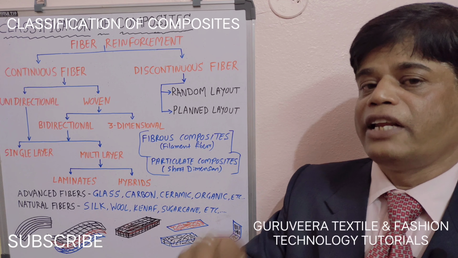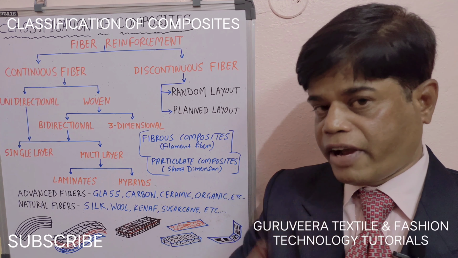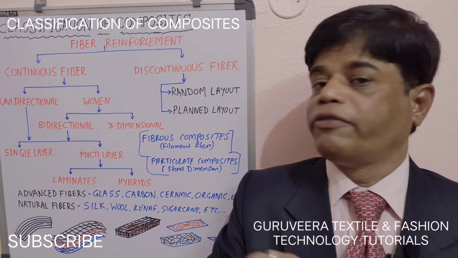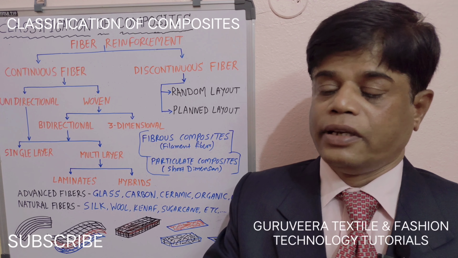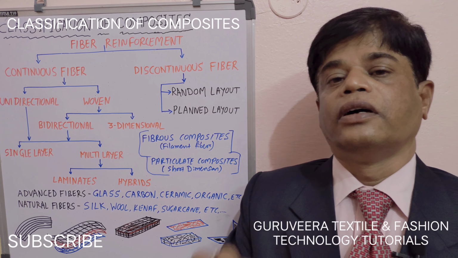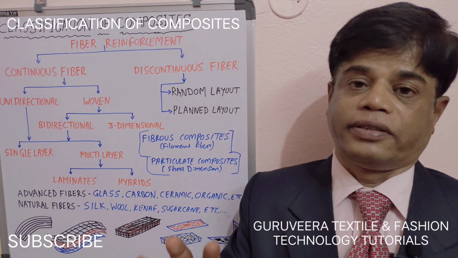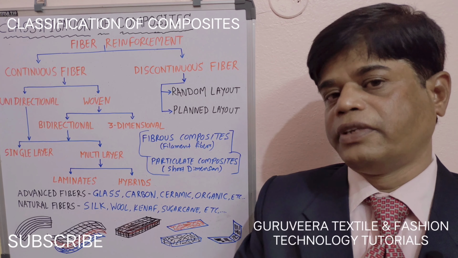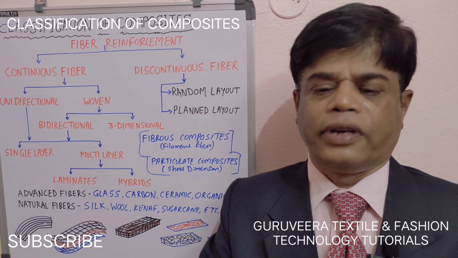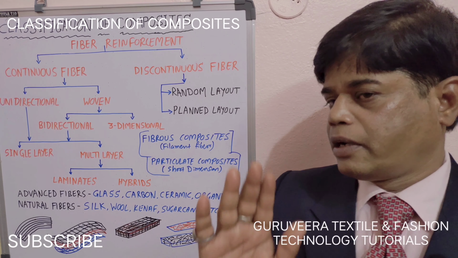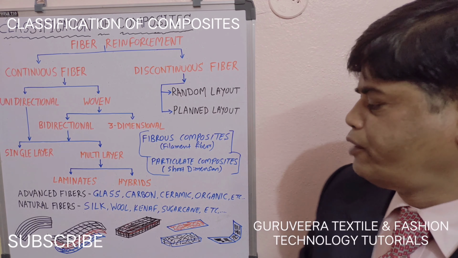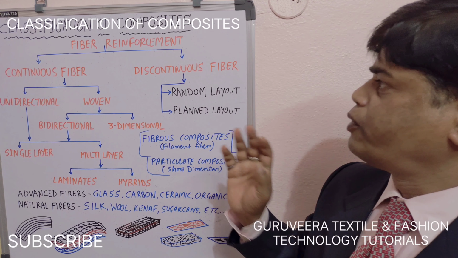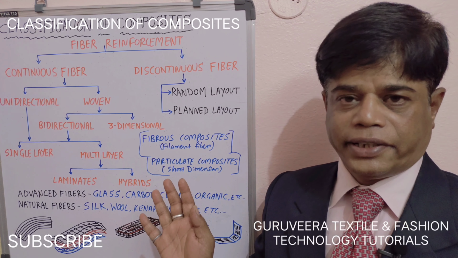The composites which are reinforced with fibers are called fibrous composites, and particulate composites means that instead of fibers, the raw material of the fibers, that may be crystalline or short pieces or small particles or other small-size crystalline material, is reinforced. That is particulate composites and fiber composites. Okay, this is about the fiber reinforcement classifications.